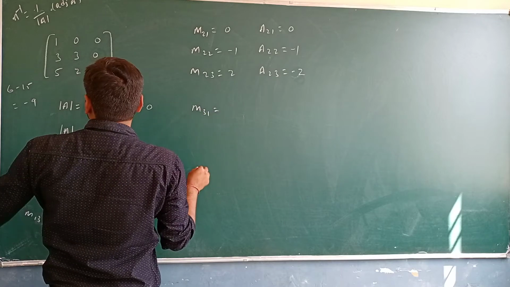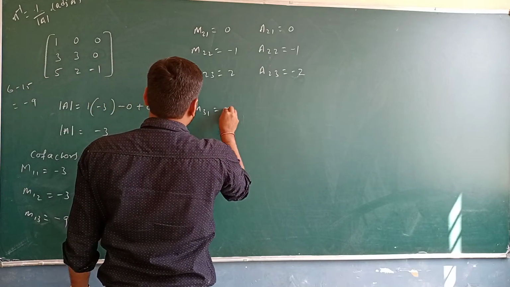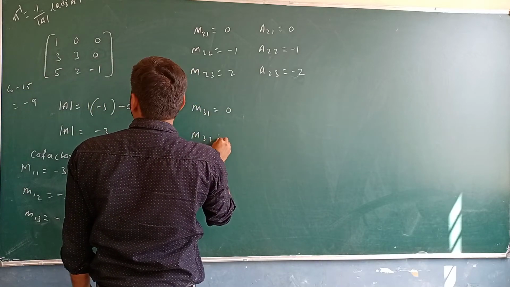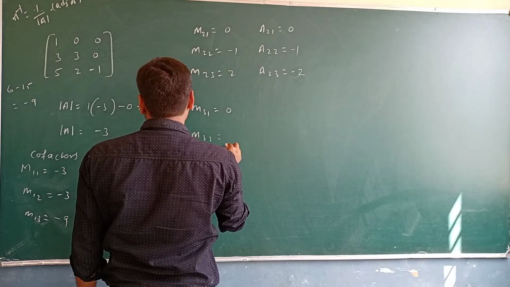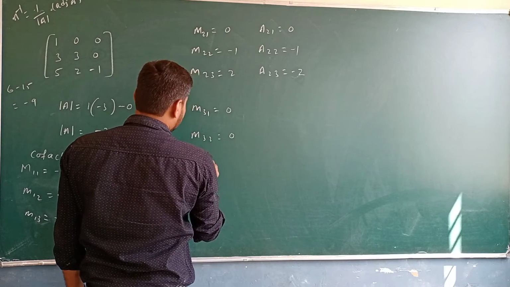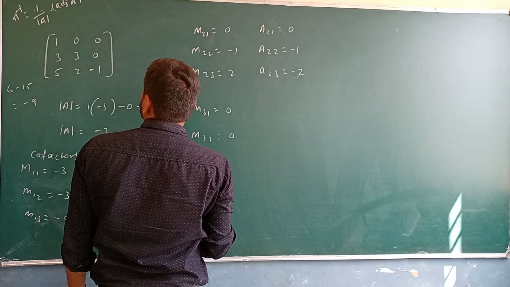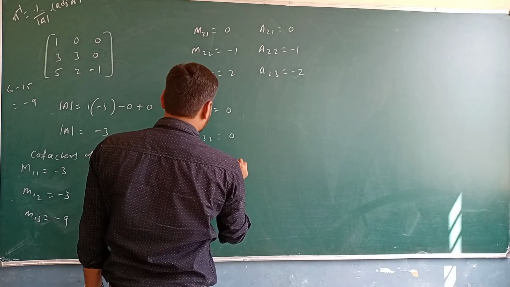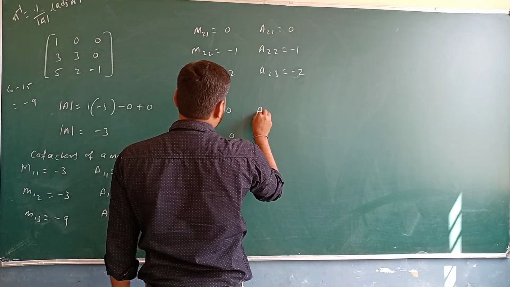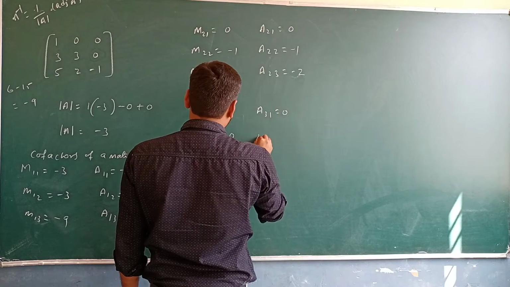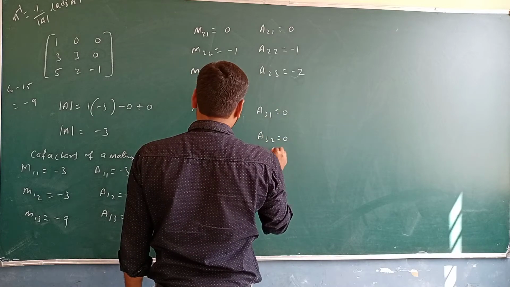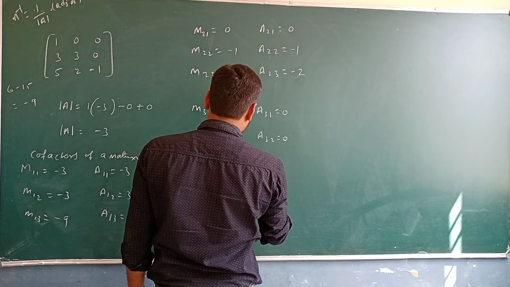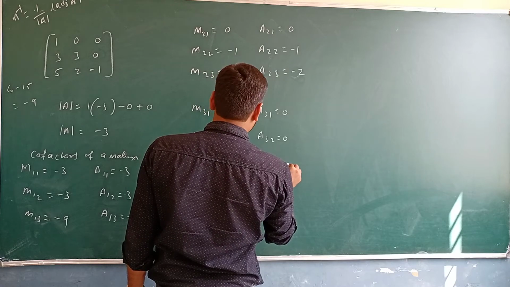Then the third row: M31 is equal to 0, M32 is again 0, and M33 is going to be 3. The corresponding cofactors are A31 0, A32 0, and A33, with the positive sign, 3.